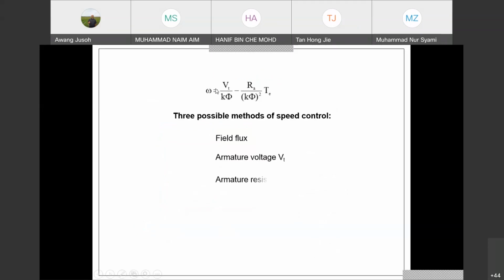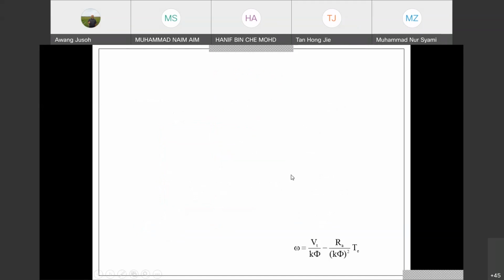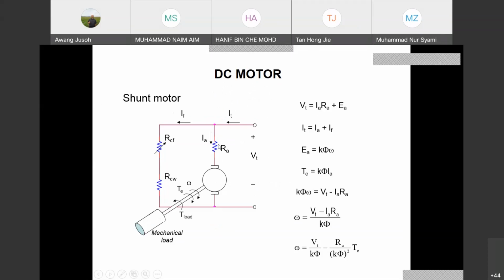Based on this equation, the speed can be controlled in three ways: control the flux, control the If, control the armature voltage V terminal, and control the armature resistance Ra. Since Ra is fixed, you need to put in an external resistor, Ra extra, in series with this Ra. Then you can control the Ia.